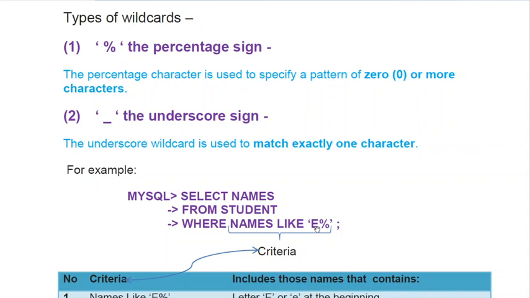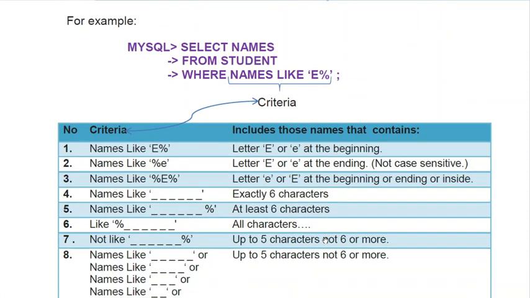So it will include all those names of any length, meaning there is no condition regarding the number of characters in the name, but the starting letter should be E, either capital or small. This type of criteria you can specify in where with the help of like or not like.